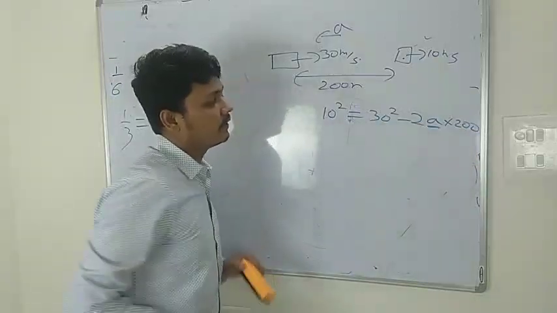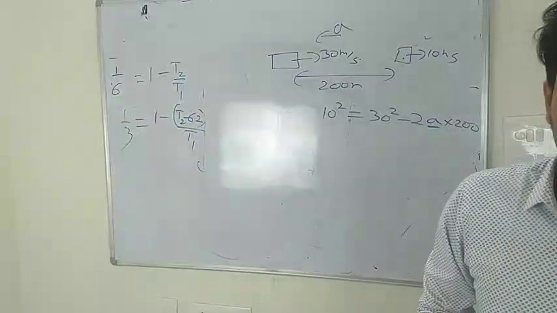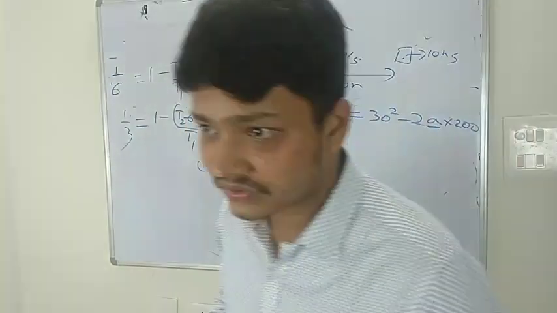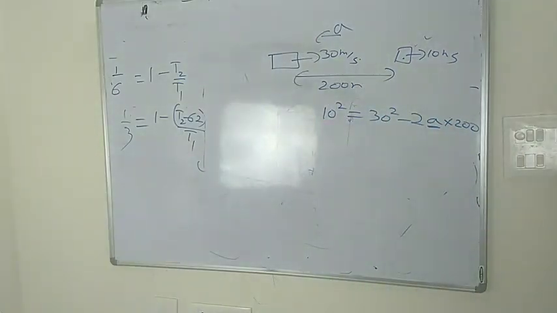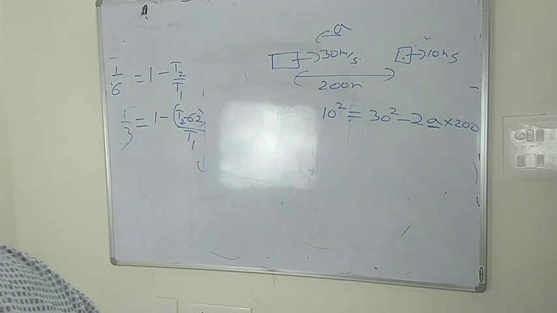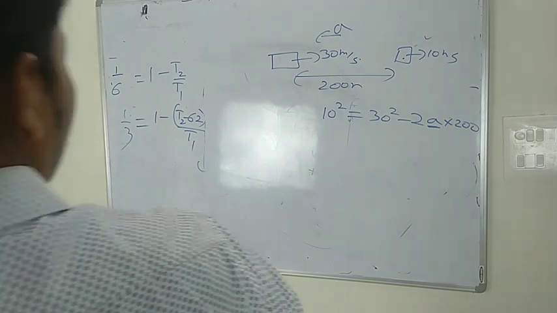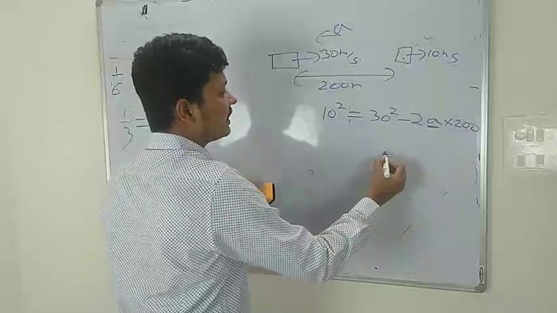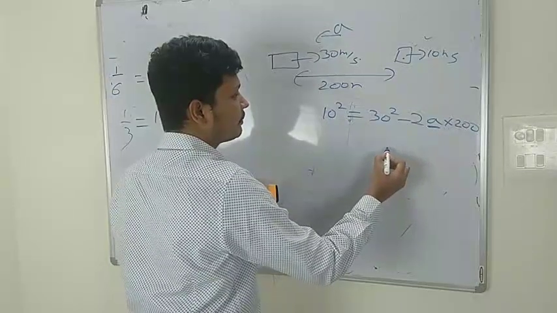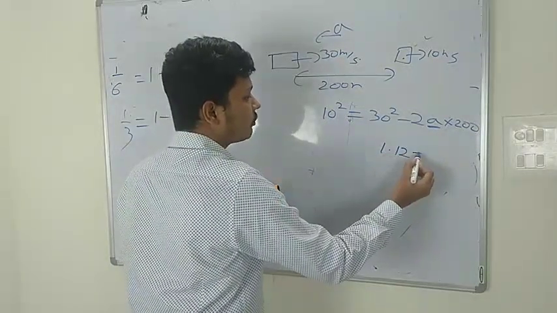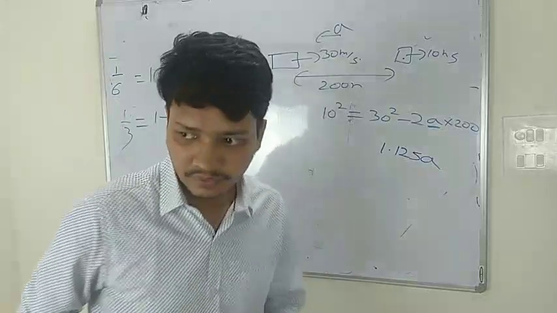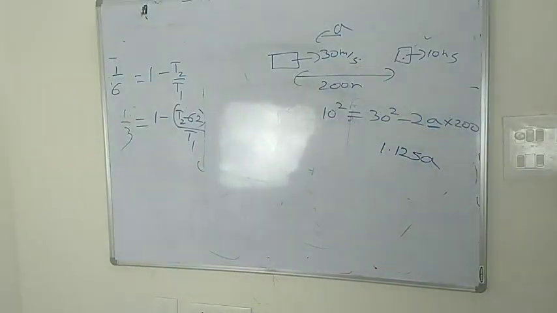So you get the value of a, and the braking force is increased by 12.5% in the beginning, so the deceleration becomes 1.125 a.